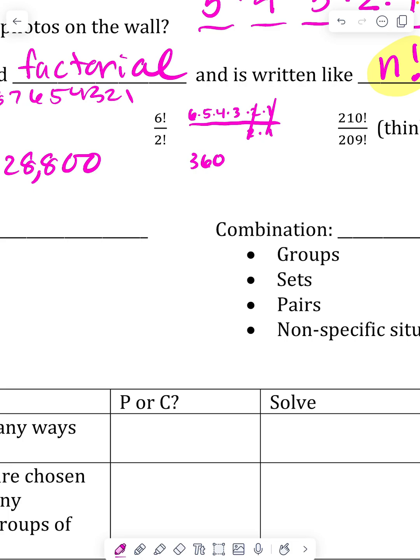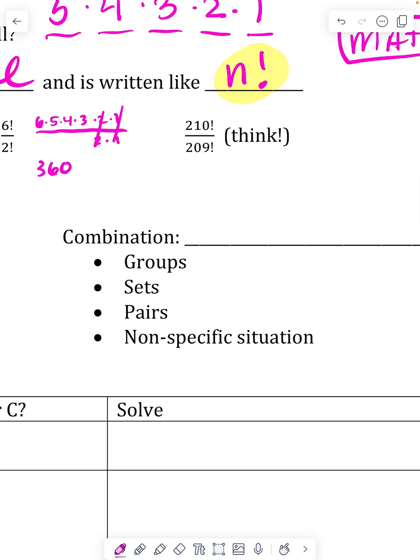So in that case, you could do either one, but if you try this next one on your calculator, 210 factorial divided by 209 factorial, if you just do it on your calculator, you're going to get an error because your calculator runs out of storage. It doesn't know enough to think through it. It just does 210 times 209 times 208 and so on.